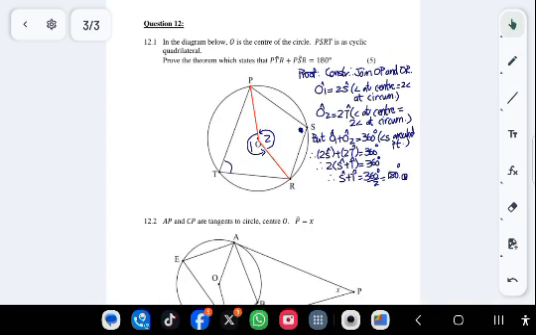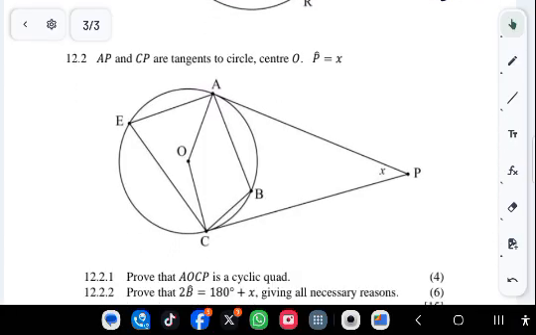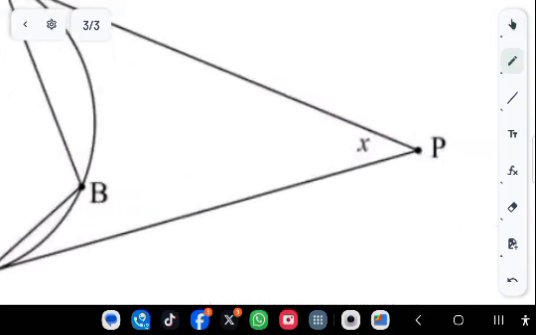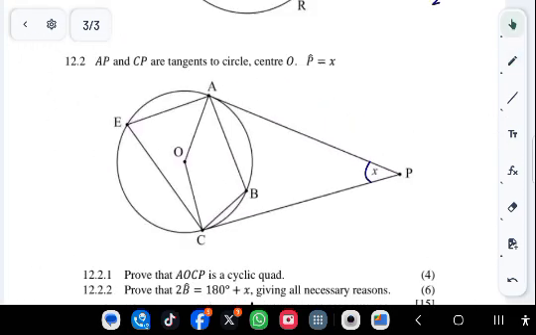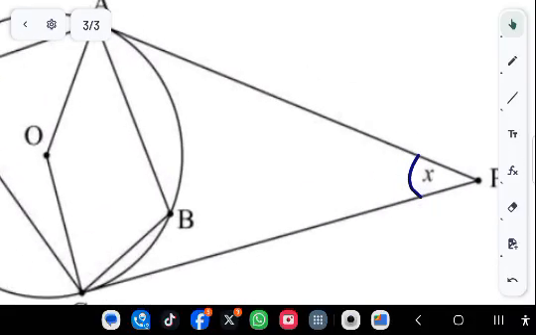There, proven. Next, let's look at 12.2. AP and CP are tangents to the circle with center O. Angle P equals X. We are told that AP and CP are tangents, so we know that they are equal.